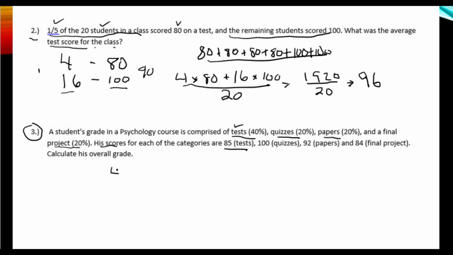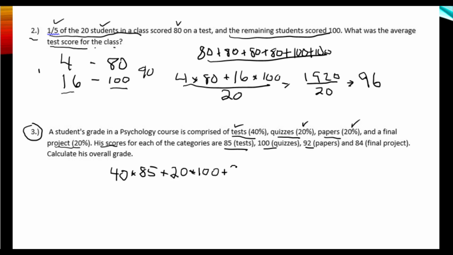So the weight, I'm going to use 40% times the data, which was 85, plus quizzes were 100. He got 100%. They're worth 20%, so the weight is 20% times the data, which is 100, plus 92 on papers, which is worth 20%.